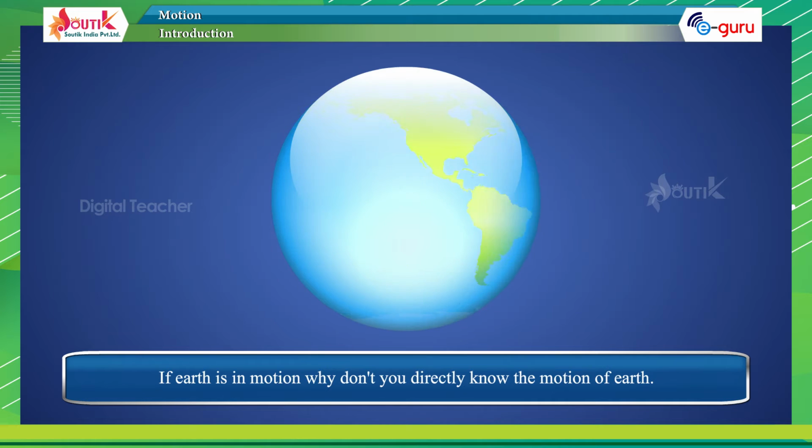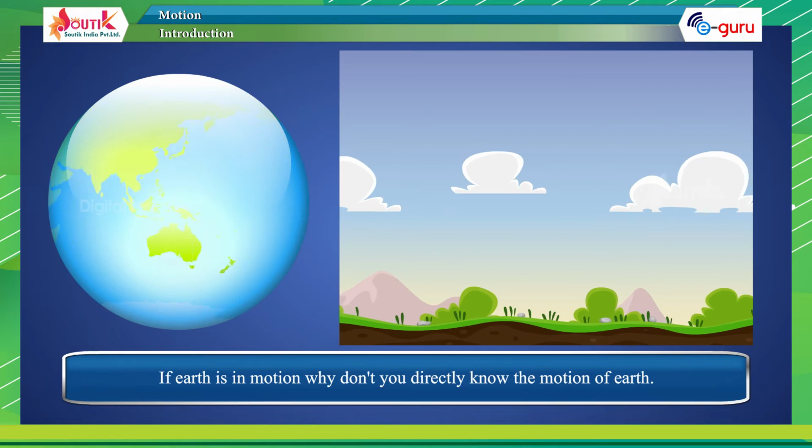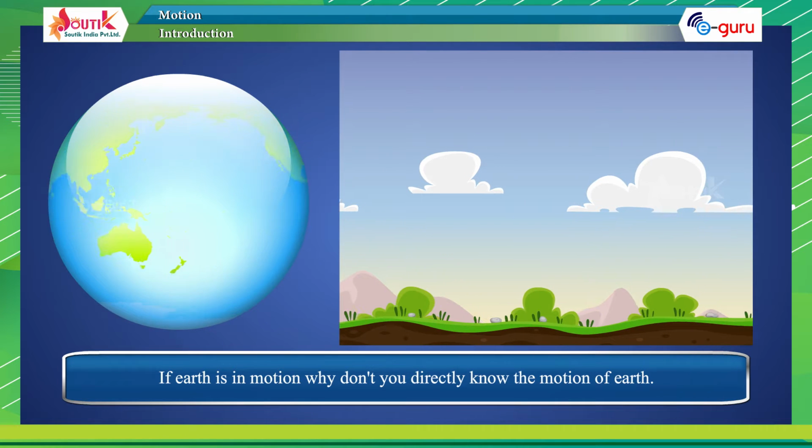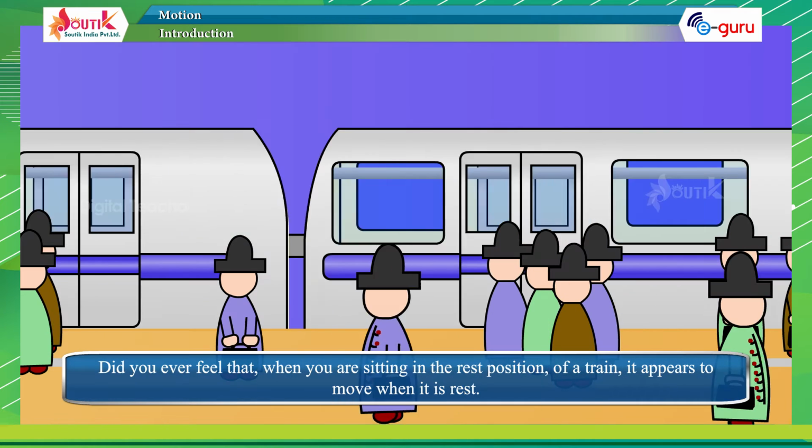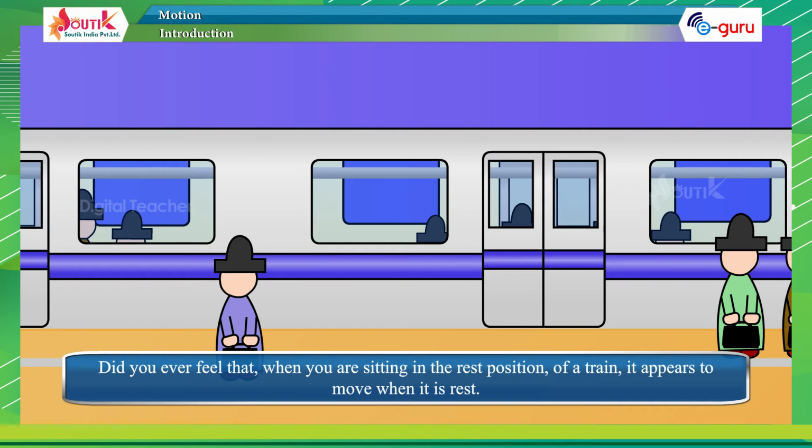If Earth is in motion, why do we not directly feel the motion of Earth? Did you ever feel that when you are sitting in a train at rest, it appears to move?